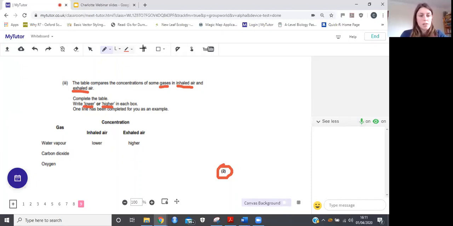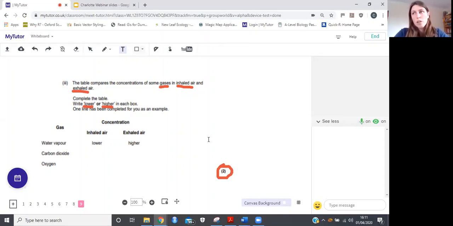So how do we fill this in? We're looking at that middle line, carbon dioxide concentration in inhaled air and exhaled air. Carbon dioxide is our waste product of respiration.